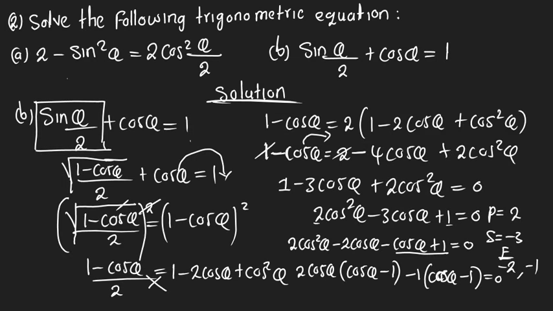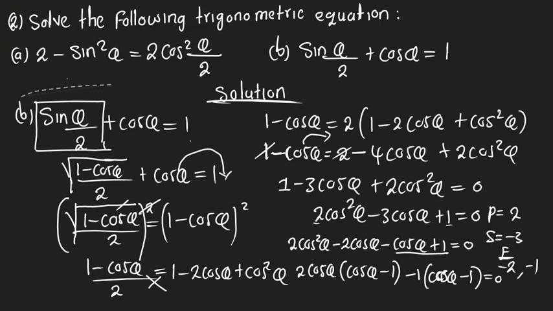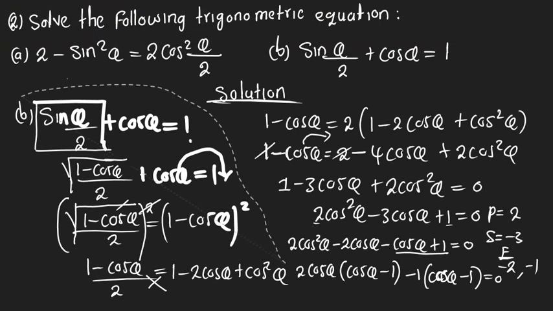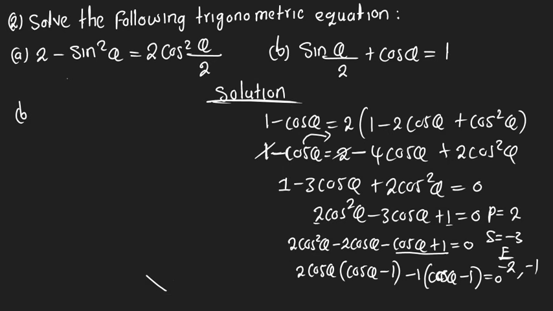Now we can wrap this part. Now we can wrap that part. So upon reaching here, we are going to have this part, 2 cosine theta minus 1 equal to 0, first equation.